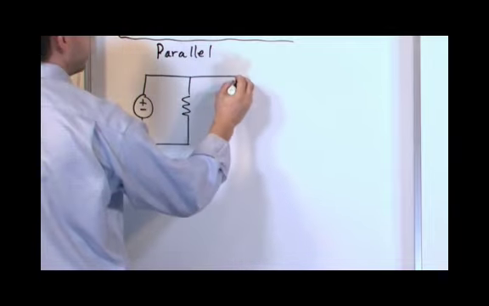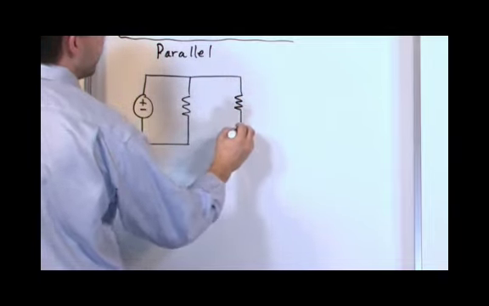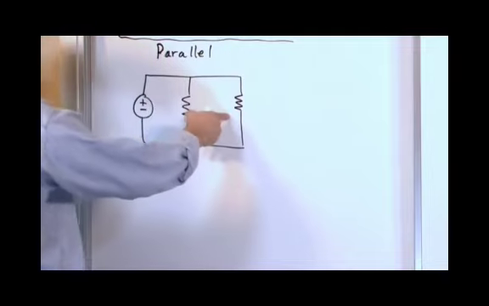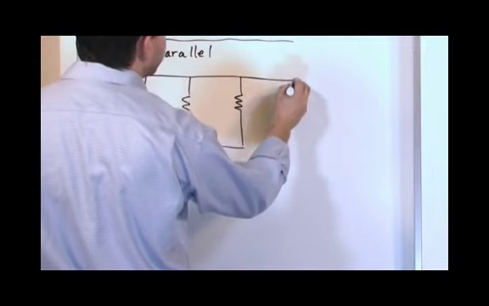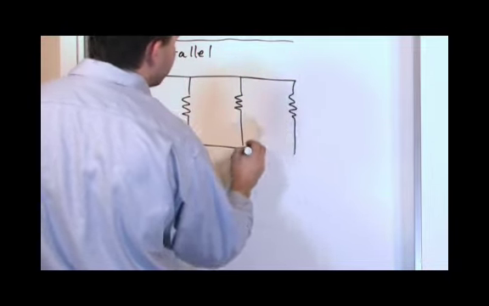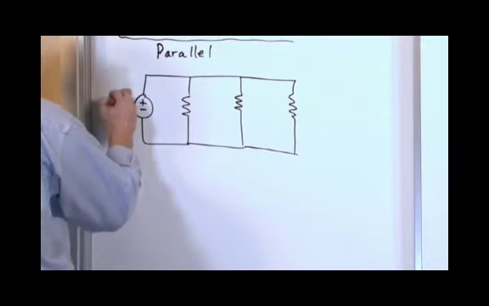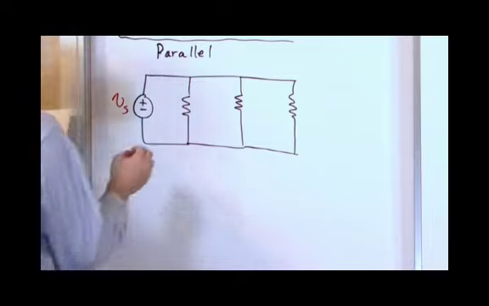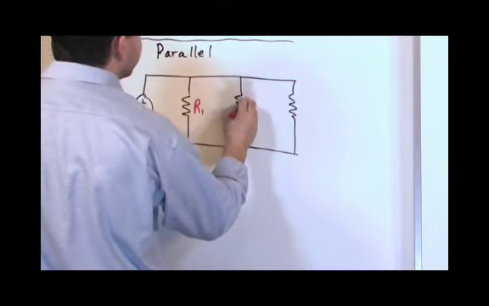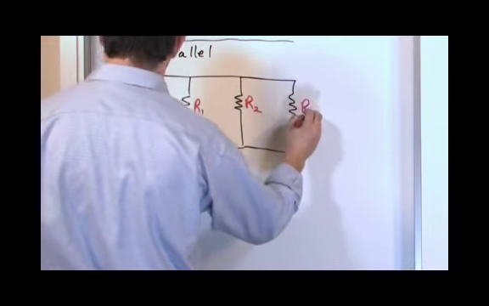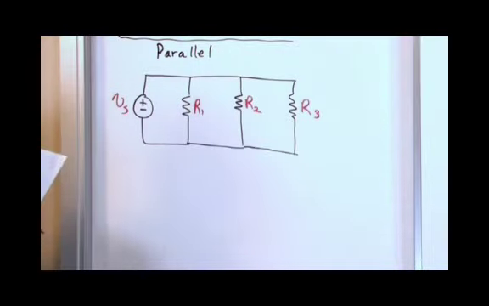Now instead of in series, we kind of branch off and create a new leg with a new resistor. And I can do it again, and so on. This voltage, we're just going to call V sub S because that's a source voltage. This could be resistor R1, this could be resistor R2, this could be resistor R sub 3. So this is parallel.